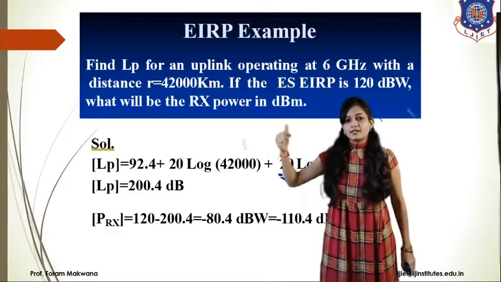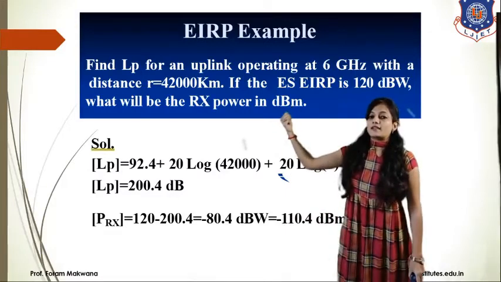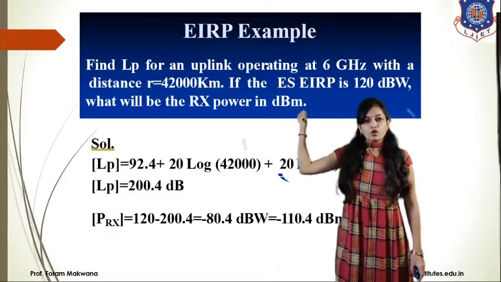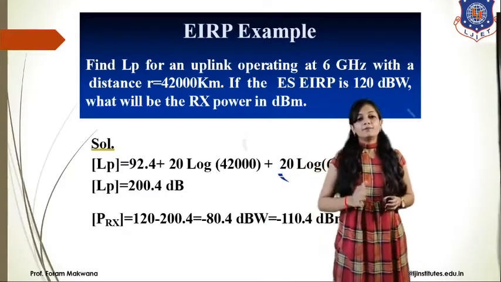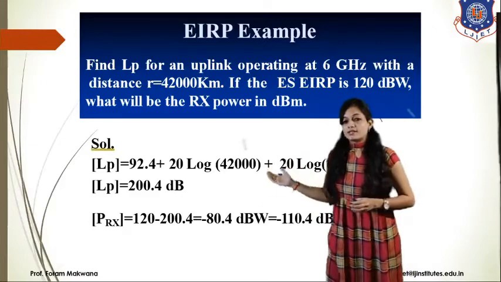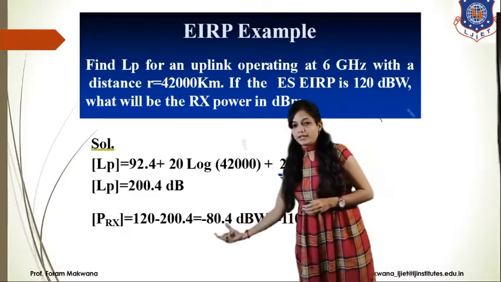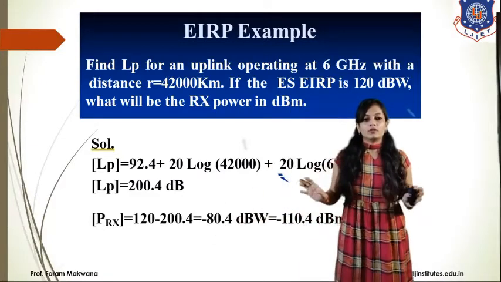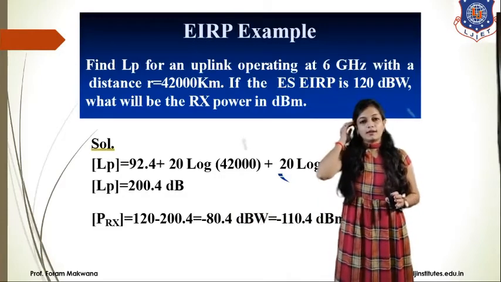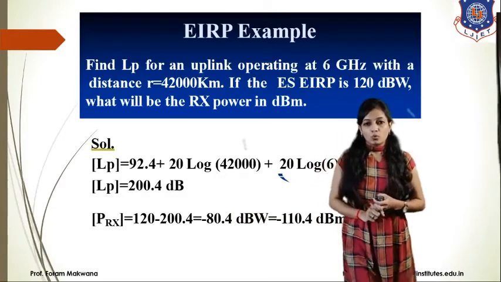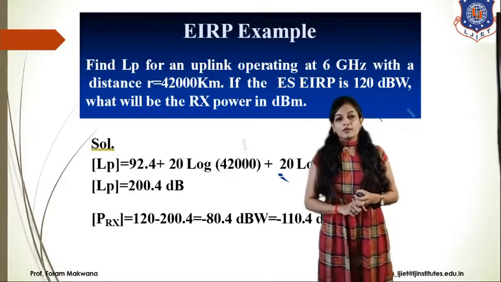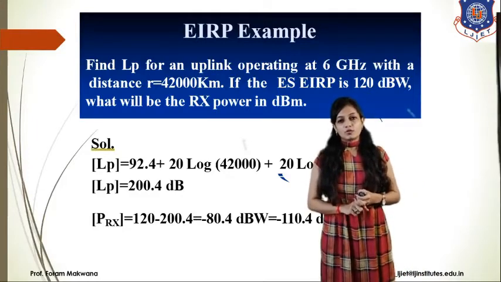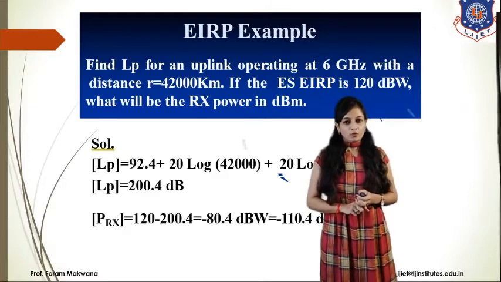Now the question is, you need to give the answer in dBm. If you want to convert that dBW into dBm, we simply add 30 to this quantity. Why? Because we know that 1 milliwatt is equal to 10 raised to minus 3 watt.